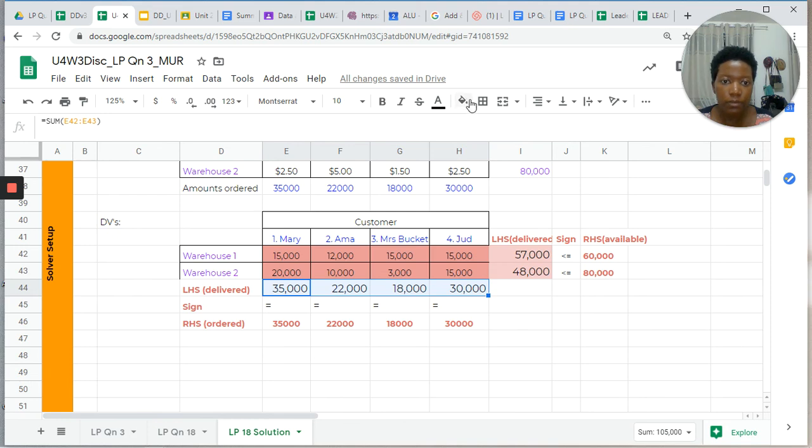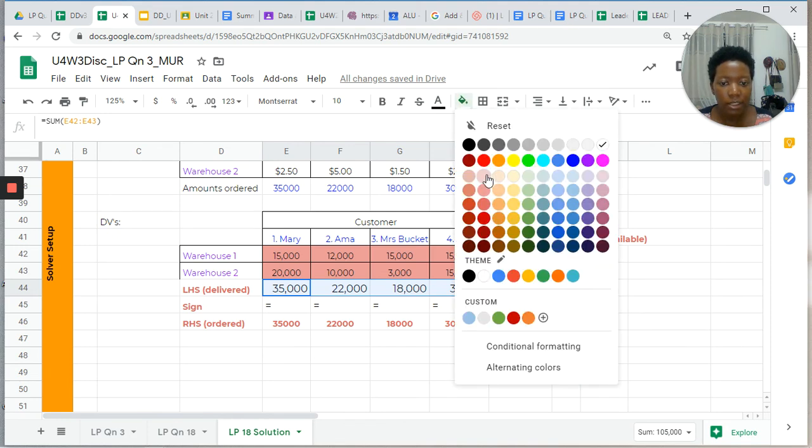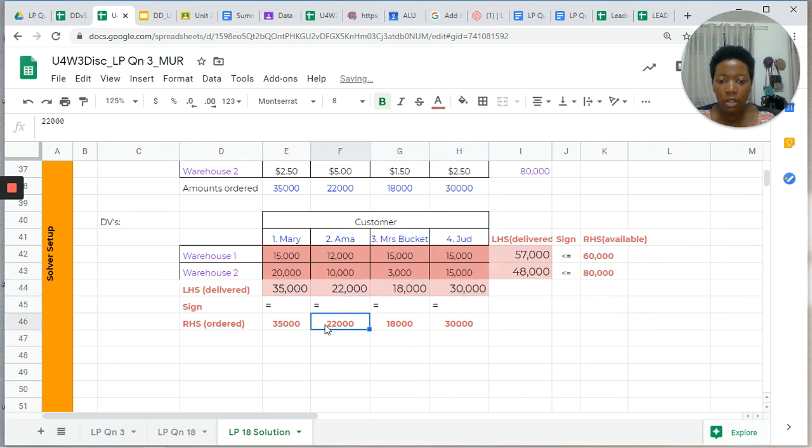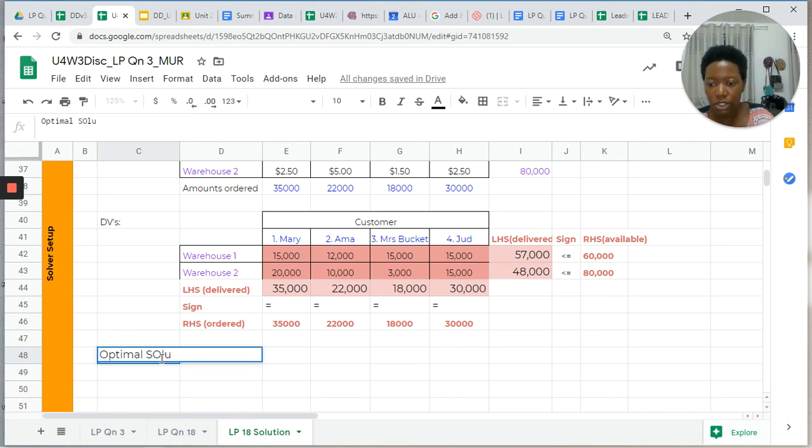So I'm going to highlight that. Everything highlighted in here will come out of your solution from Solver. Our optimal solution, which is our minimized cost.